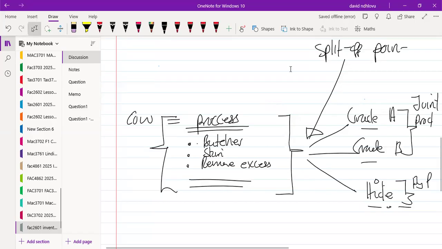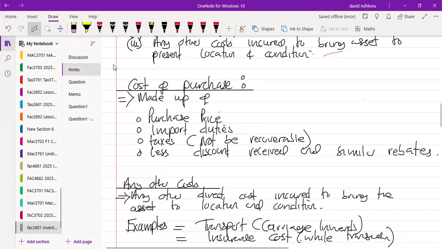Now, probably you did not plan to produce and retail the hide, but the hide is just a byproduct of your production of grade A and grade B meat. It's just something that is a residual from that process, which can also have a small market somewhere. So you decide to also sell it.